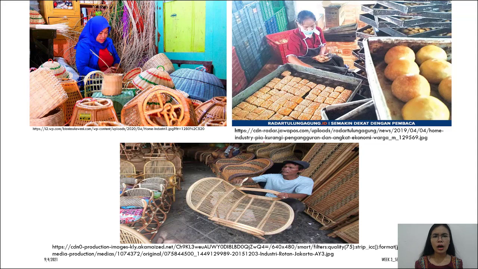Okay, so these are the examples of products of home industry, and I'm pretty sure at home right now you also have at least one product of home industry that you can maybe post as an answer in the YouTube comment that you posted just now.